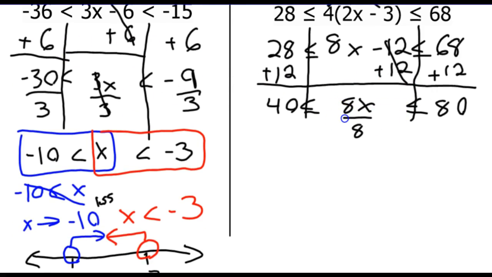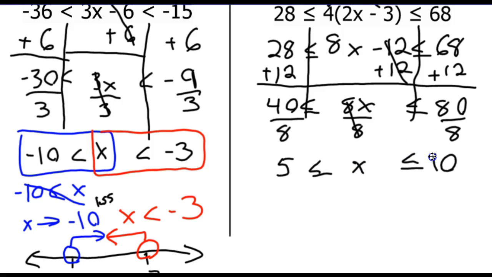Finally, divide by 8, and we get 40 divided by 8, which is 5, is less than or equal to x, which is less than or equal to 10. If we split these up, we have 5 is less than or equal to x.